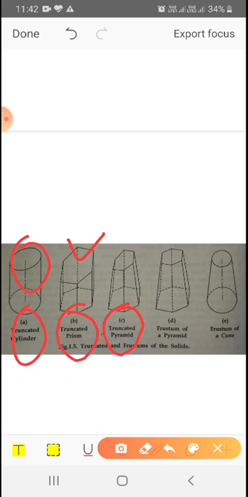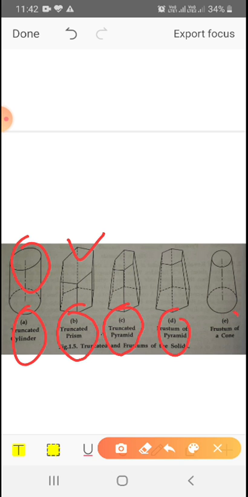But what is the meaning of a frustum of solids? When a pyramid or cone is cut such that the cut surface is parallel to the base. You can observe the diagram of the frustum of a pyramid: the base of the pyramid and the cut surface are parallel.